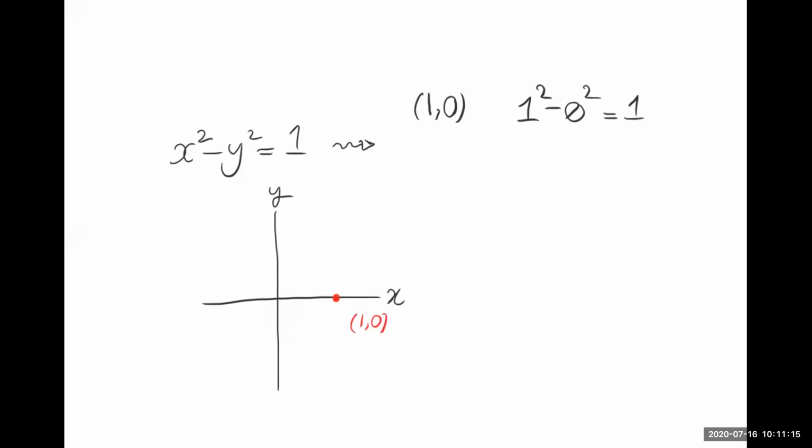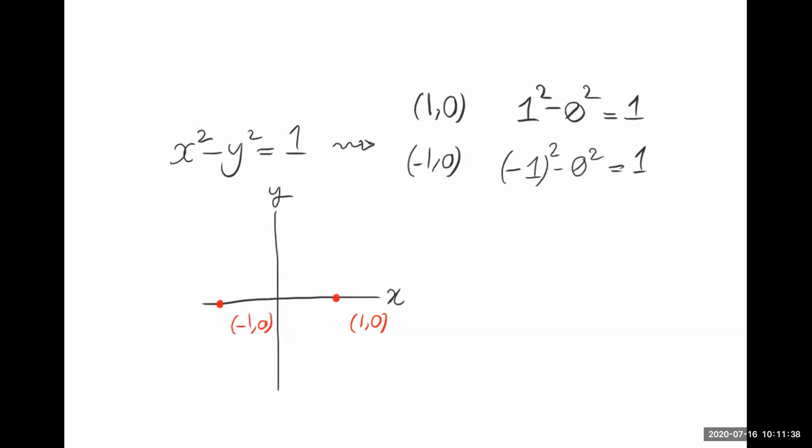Here is a point on the graph of this function. (-1, 0) is another point on the graph, because -1 squared minus 0 squared is equal to 1 minus 0, which is 1. So this is another point on the graph of this function, okay?